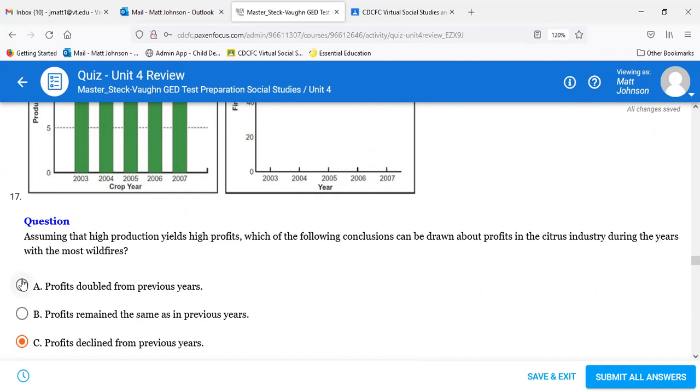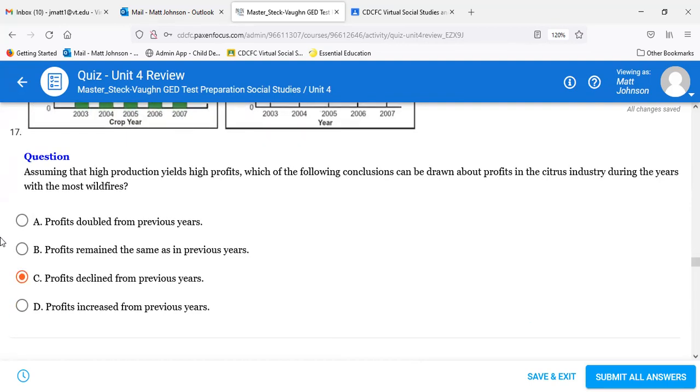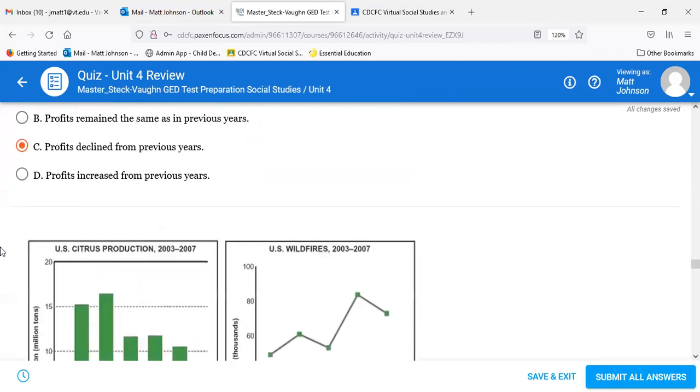You may not be able to charge. Everything has to stay within a certain realm. You can't start charging like $10 per orange just because of a drought. So instead, that may start eating into your profits and you may even take a loss. So C there, C as in cat for 17.